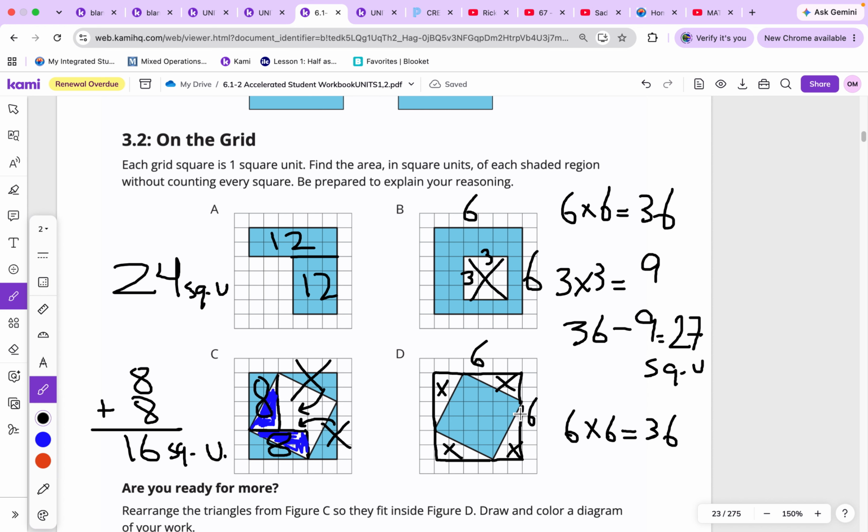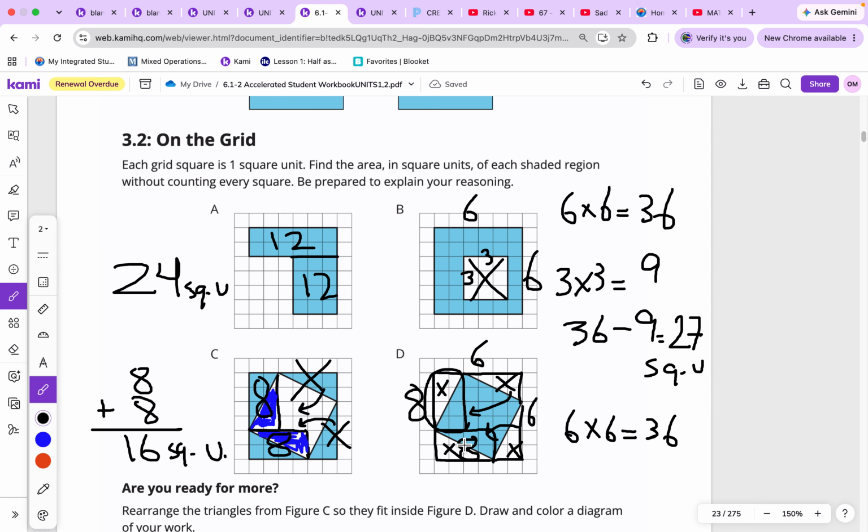So one thing I can do is swing this white triangle over here. So it would kind of fit there. So this area would be 2, 4, 6, 8, just like problem C. And I can swing this one over, just like problem C, and it would fit right here, and the area would be 8.